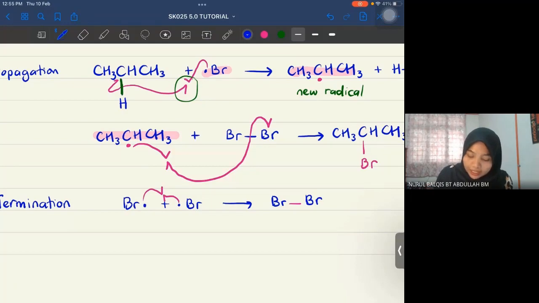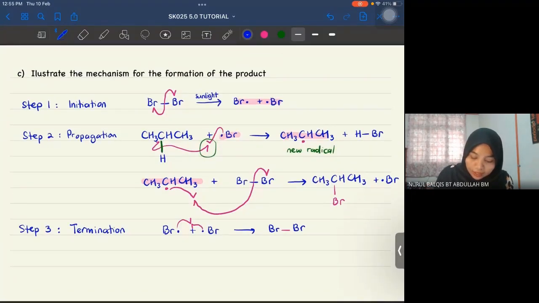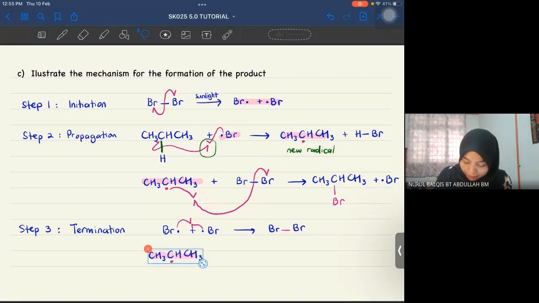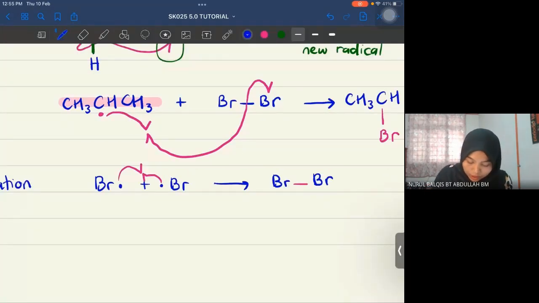Okay, lepas tu kalau kita ada carbon, kalau kita ada carbon macam yang ni tadi. Okay, yang carbon ni. Kita akan pair them up. Okay. Kalau nak senang, nak cantik sikit. Okay, saya tunjuk. Kita ada CH3, CH3.